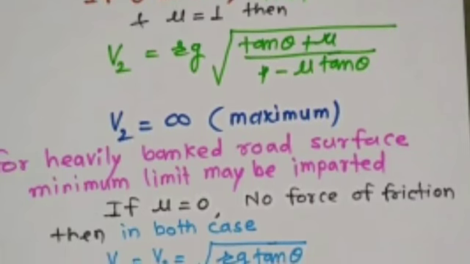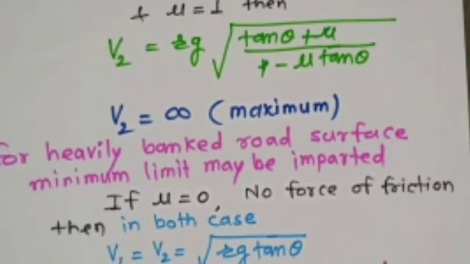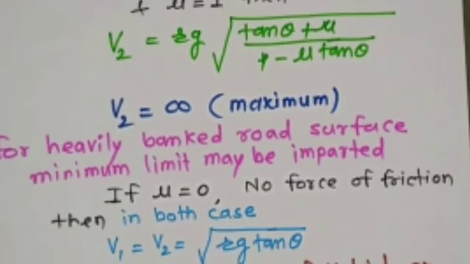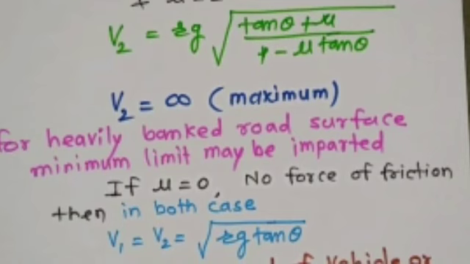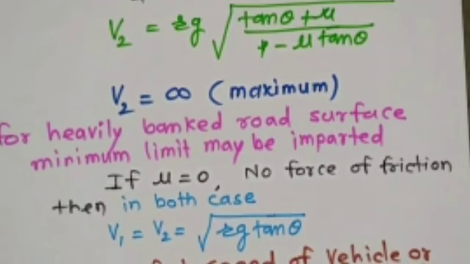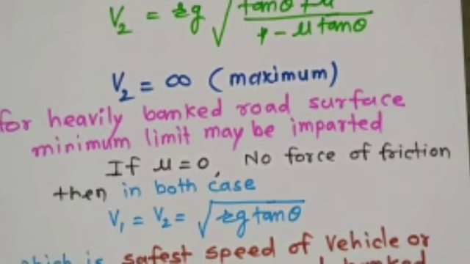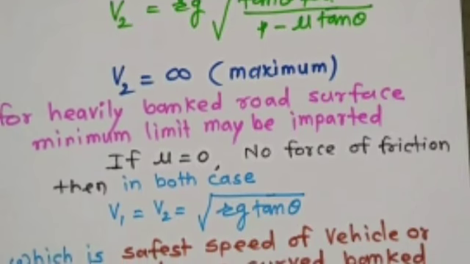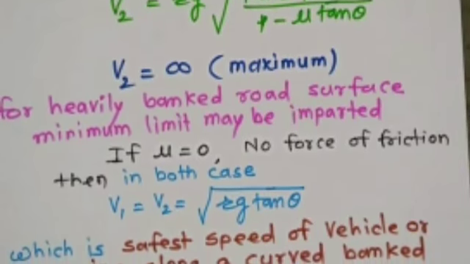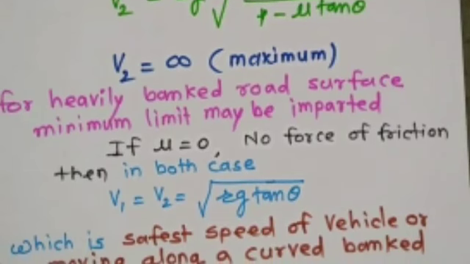Therefore, if mu equal to 1, so v2 becomes infinity, which is maximum. Means velocity will be maximum. For heavily banked road surface, a minimum limit may be imparted.